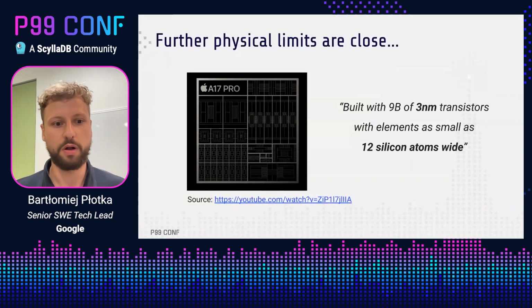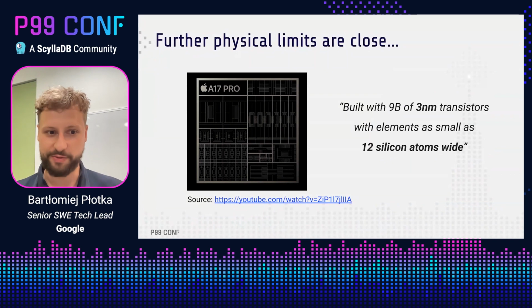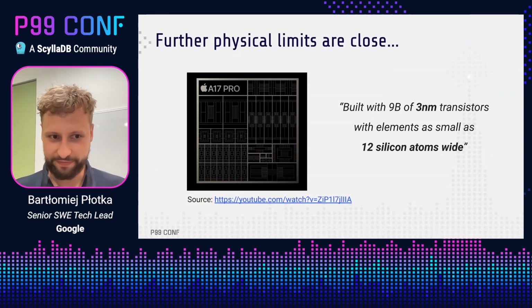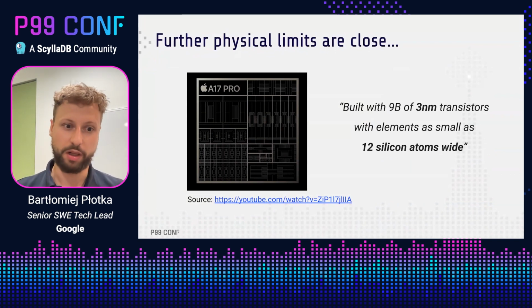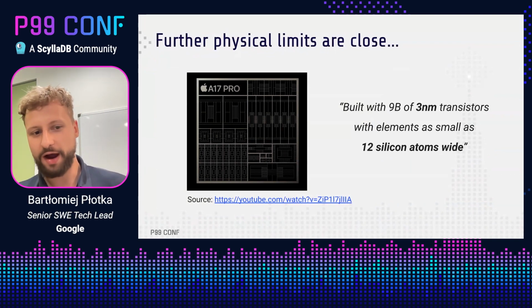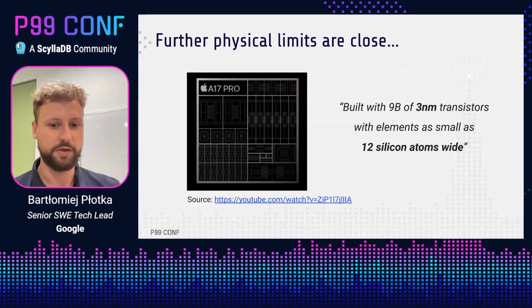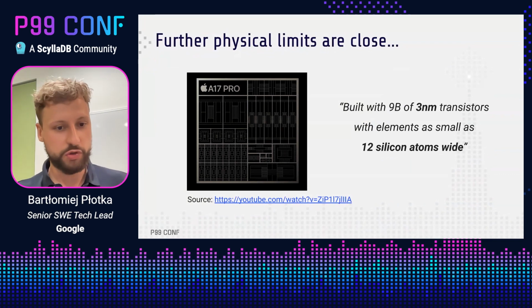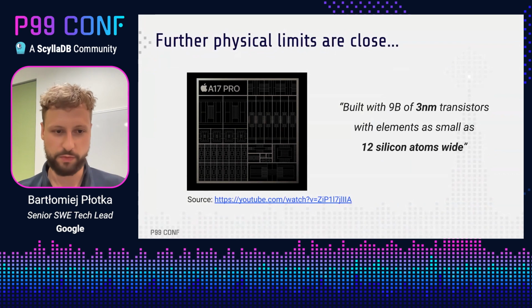They're super small. Some parts of it are as small as 12 silicon atoms. When you think about it, there are not many atoms left to make it smaller. So it's hard to expect more units, more transistors within our chips of the same size going forward, because we cannot make it smaller. It's just how many atoms it would use. So this speaks to the fact that we have to care about efficiency.